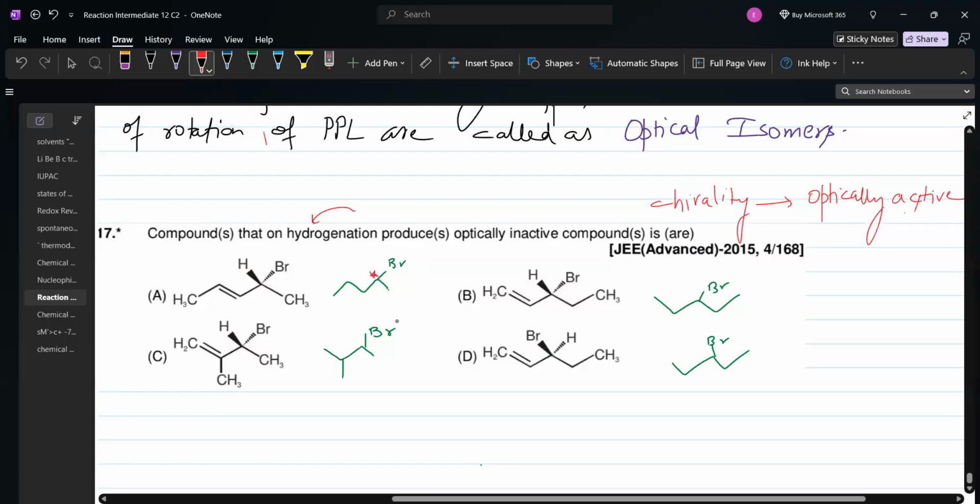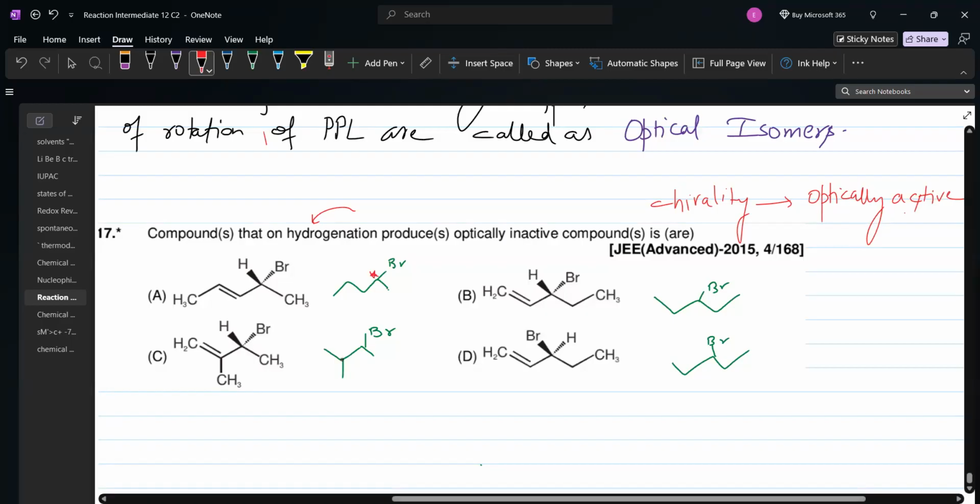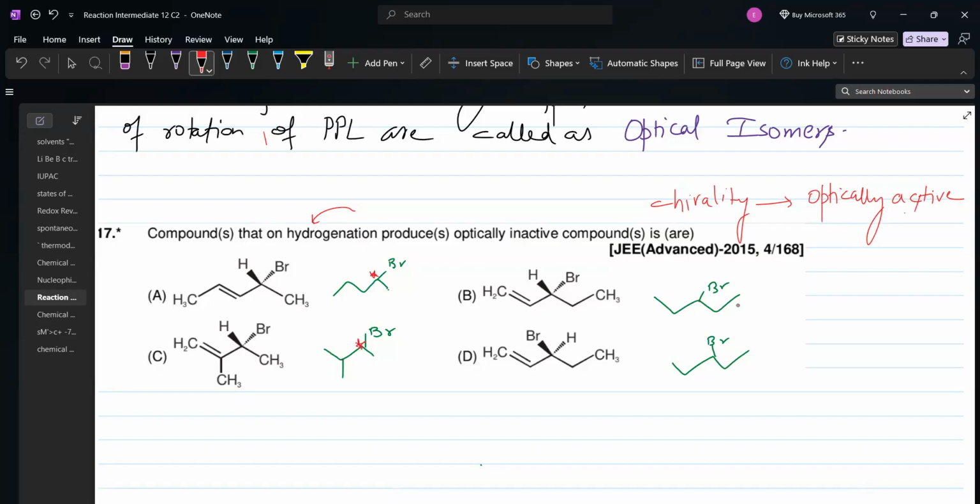You were able to identify the chiral carbon. And in this one, this is not chiral, because these are similar. This is again chiral. And in this one, we have seen bromine here and hydrogen here, two different groups, but these two groups are the same. Similar. So that is why this is not chiral.